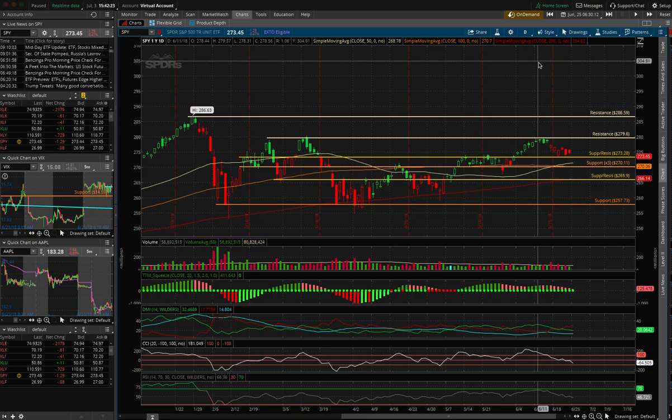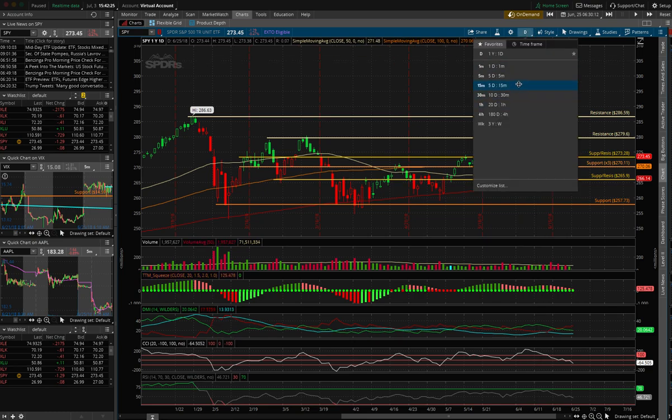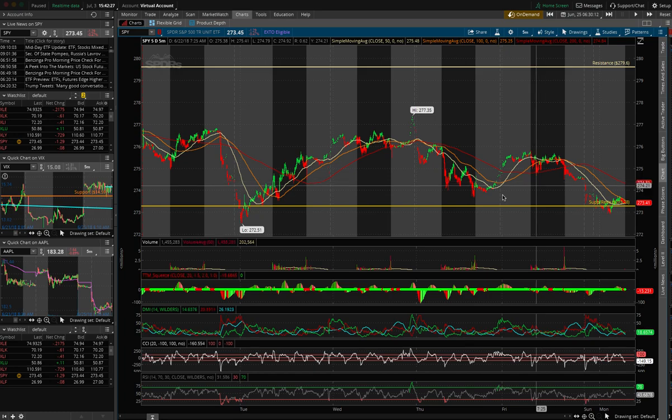So now we go to our lower time frame, our 5-minute chart, and we see here that we came up and we came down pre-market and we bounced off of our support and resistance of 273.28 and rallied up about $3, which is a big move, almost $4.